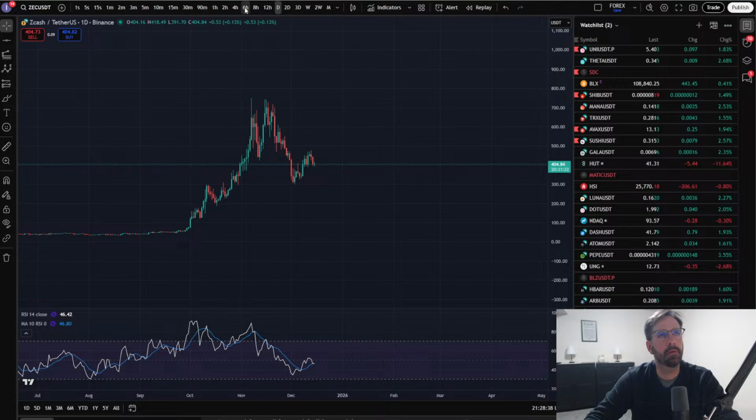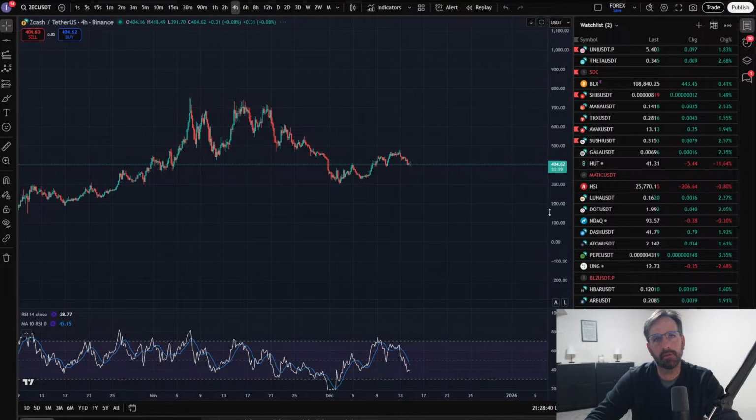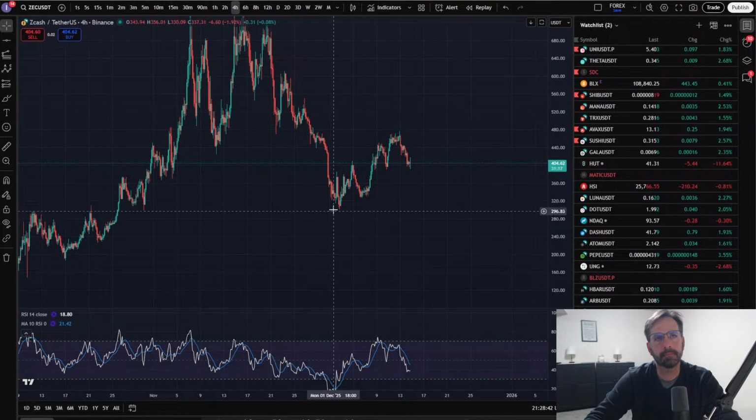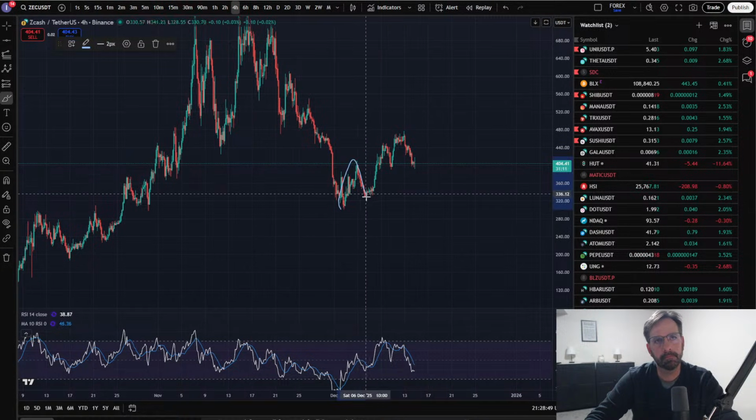Well, Zcash looks like 3. That looks like 3.